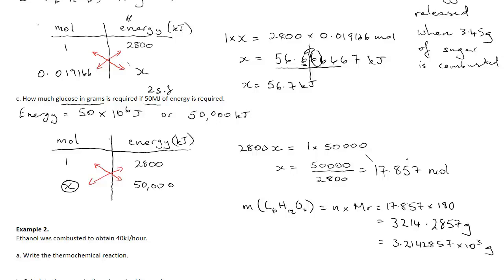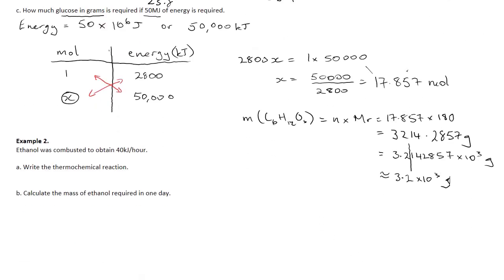And then 2 significant figures, so you count the 3 and the 2 that go in front. This 1 will not boost the 2 up, so basically your answer is 3.2 times 10 to the 3 grams of glucose. That's what you would do to be correct to the significant figures that the question has given.